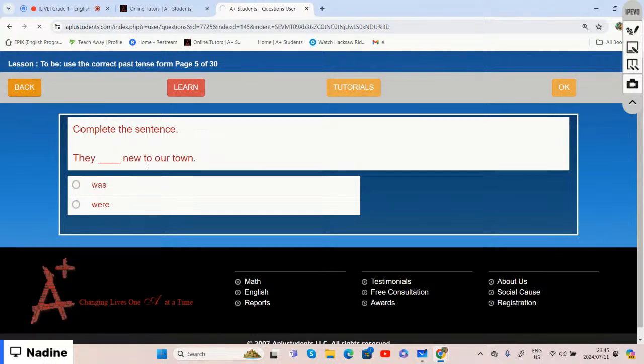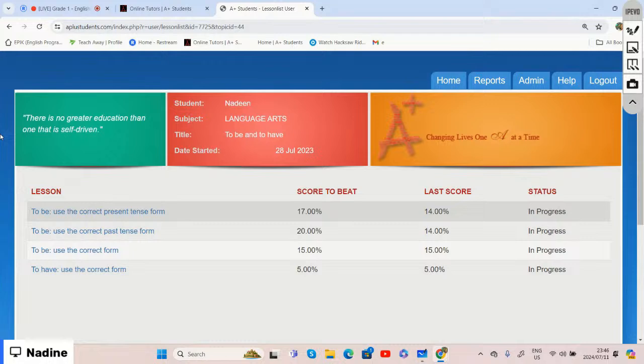All right, so this is now the end of our lesson on to be and to have. We said that we are going to use the correct present tense form. If we refer to one person, animal, place, or thing, we use the word is. If we refer to more than one person, animal, or thing, we use the word are.